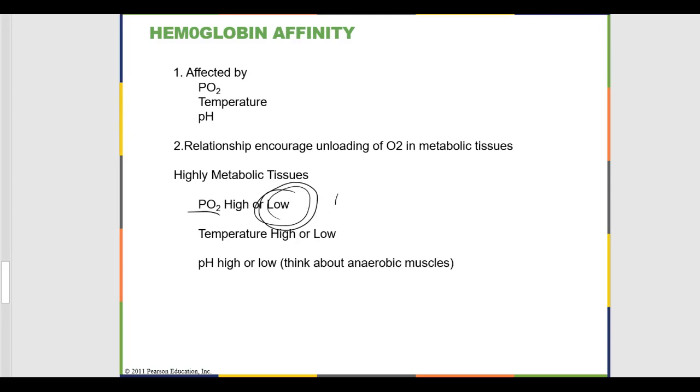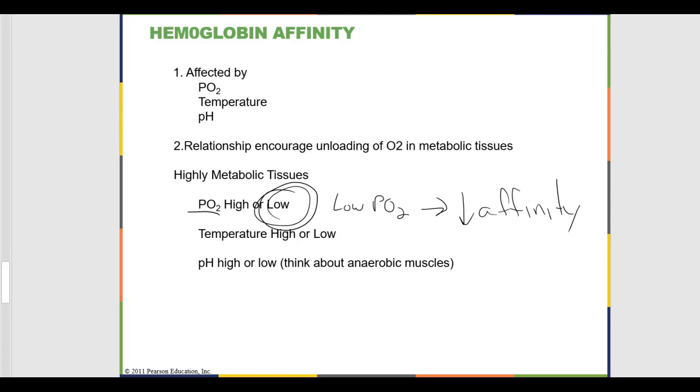So that means if you have low PO2, then you are going to want decreased affinity, because that means more oxygen is going to be delivered to the tissues that need it, and you're alive, so that's what's going to happen. Like your body works. So let's look then at temperature.